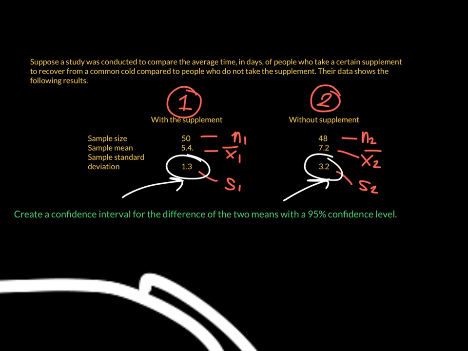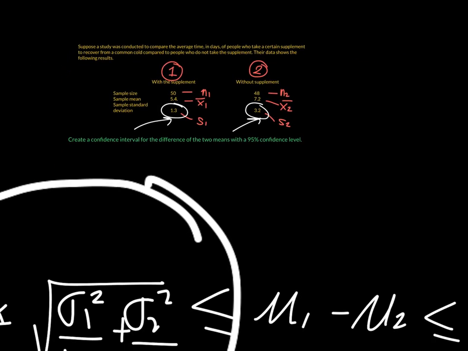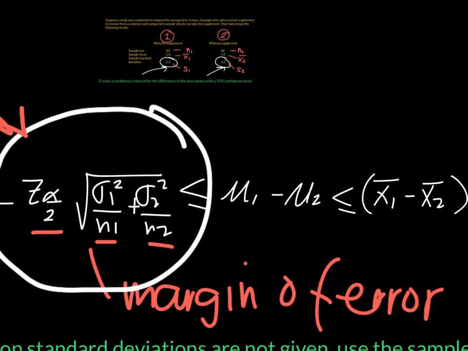And once we identify the type of samples, we have to check whether the sample sizes are large or small. Here the sample sizes are large, so we have to make use of the Z. In another video, I will show one in which the sample size is less than 30, and given that the sigmas are not known, we have to make use of the T. And then we know what type of information we have.